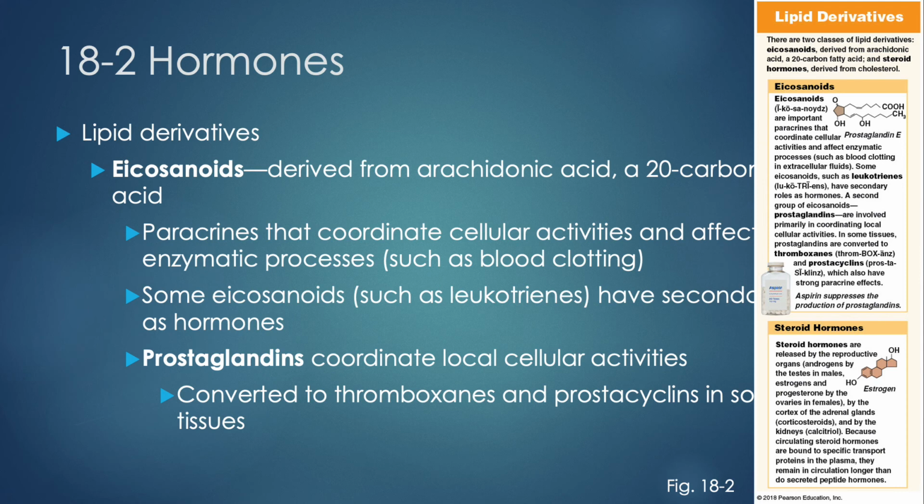Prostaglandins are going to coordinate our local cellular activities, and these can be converted to thromboxanes and prostacyclins in some tissues. Prostaglandins are really important for dealing with all sorts of injury and illness because they control things such as inflammation, blood flow, and the formation of blood clots.